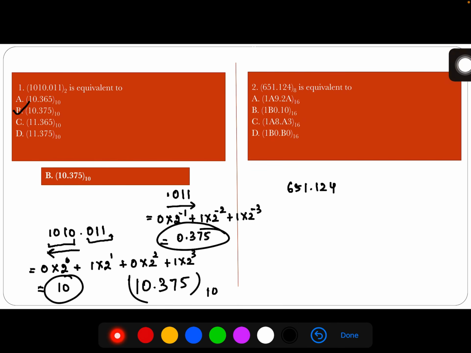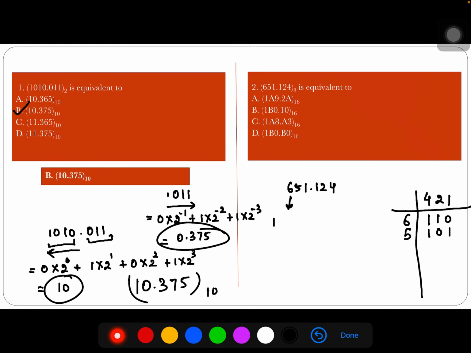For the octal number system, I use the code 421, that is a group of 3, and I'll represent each digit through this code. That means if I want to represent 6 through this code, I will put 1 below 4 and 2, because 4 plus 2 gives you 6, and 0 below 1. If I want to represent 5, I will put 1 below 4 and 1, and 0 below 2, because 4 plus 1 gives you 5.